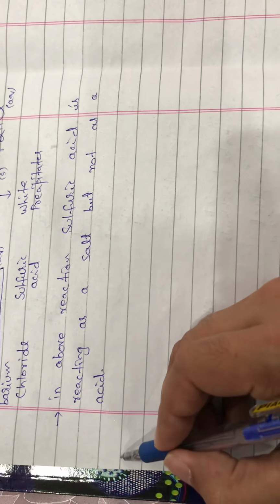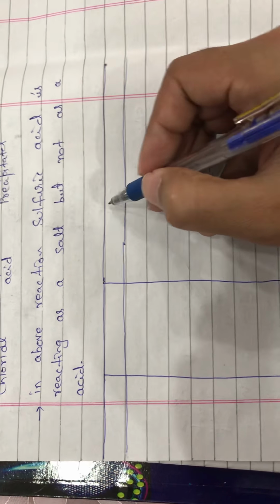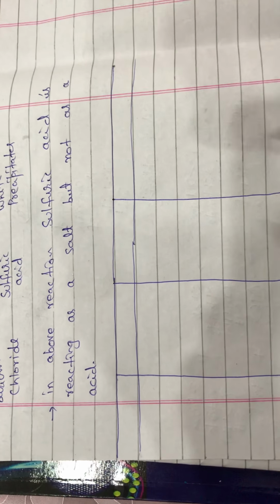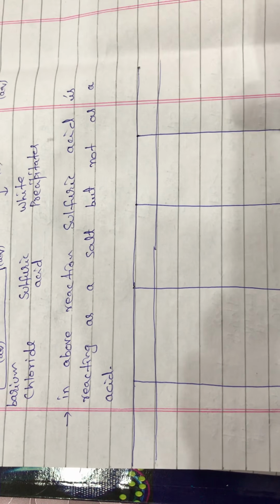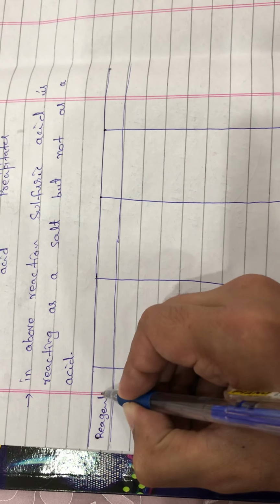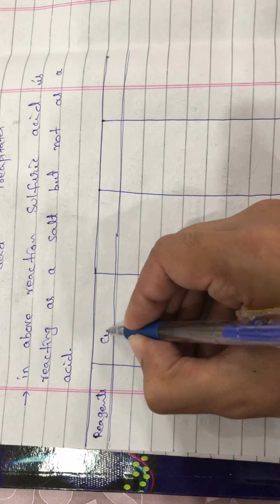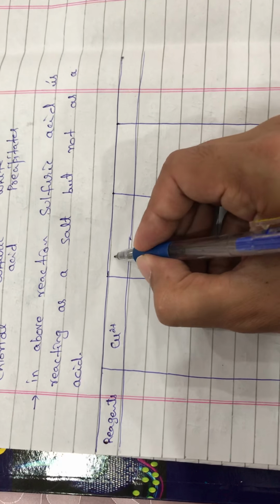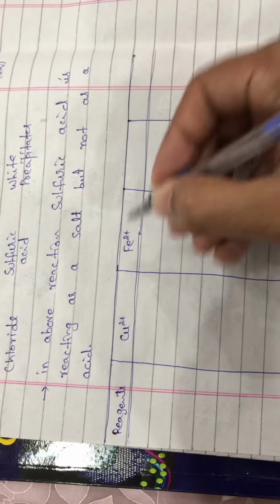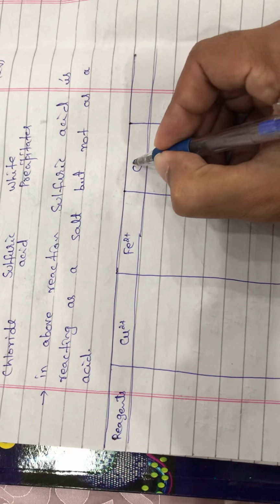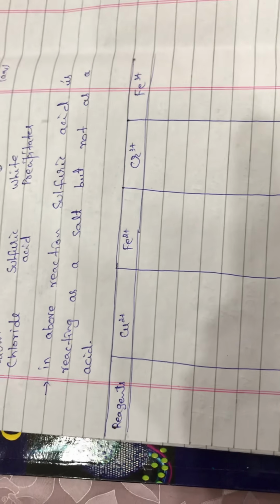of a table. Over here we will write the reagents, then copper ion, iron 2, chromium, and lastly we have iron 3. Reagents, so copper cation, iron 2, chromium, and lastly we have Fe3+.